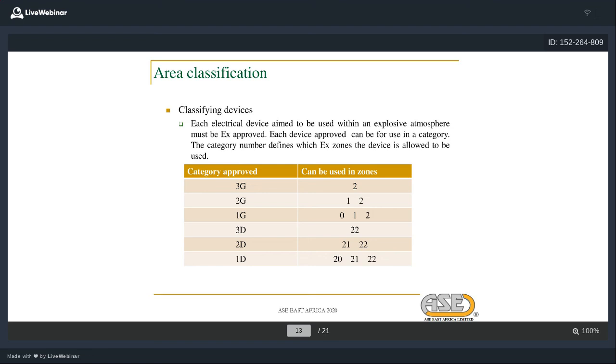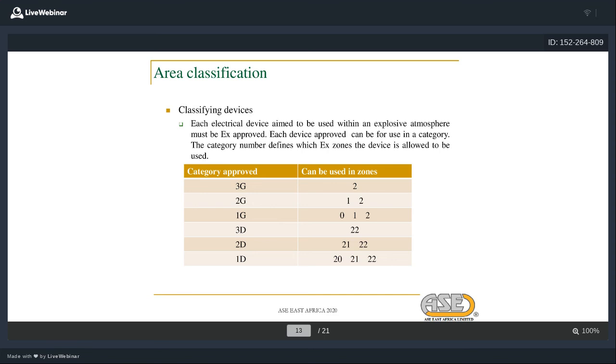You can see the category approved for gas: Category 1G can be used in all zones, 2G can be used in zone 1 and 2, and 3G can be used in zone 2.